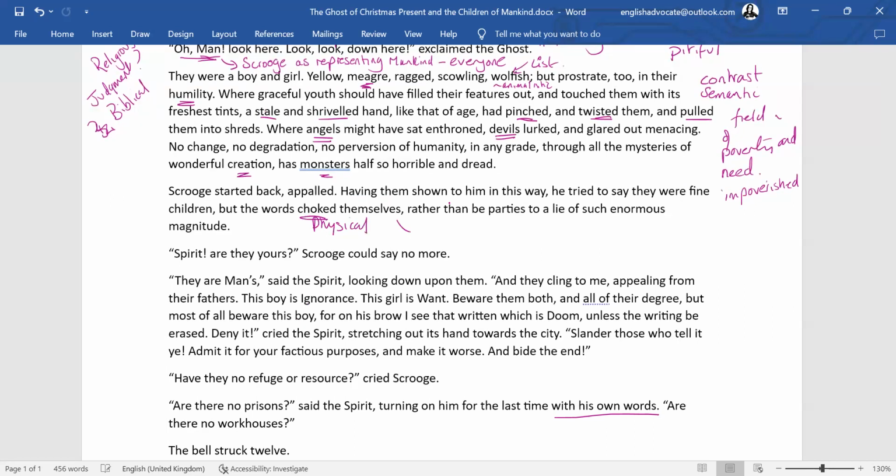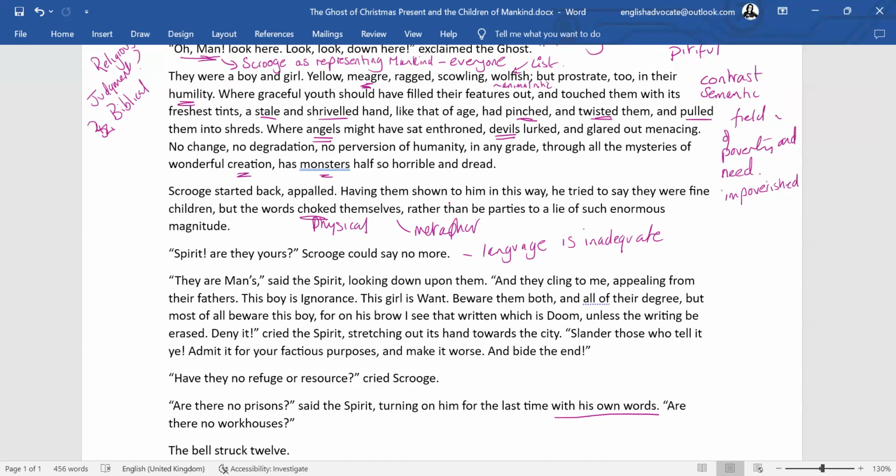The words choked themselves, this metaphor there, shows how difficult he finds it. And language becomes inadequate. Okay? If something is inadequate, it can't do the job. You've not got enough of it. It's not able to do it. So language is inadequate to describe what he's feeling.